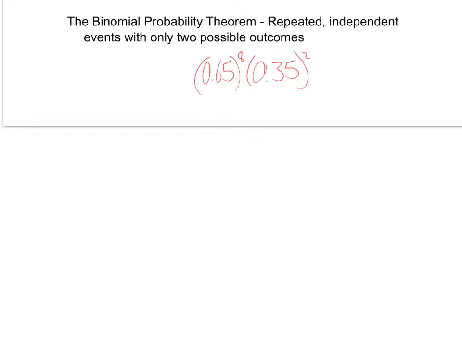Like I could pick all 8 of them, my first 8, or I could have all 8 of them be numbers 3 through 10, or I could have it be the 8th and 9th one that were not. Okay? So I have to account for all those different combinations of older people with the 2 younger people. So how would I figure that out?